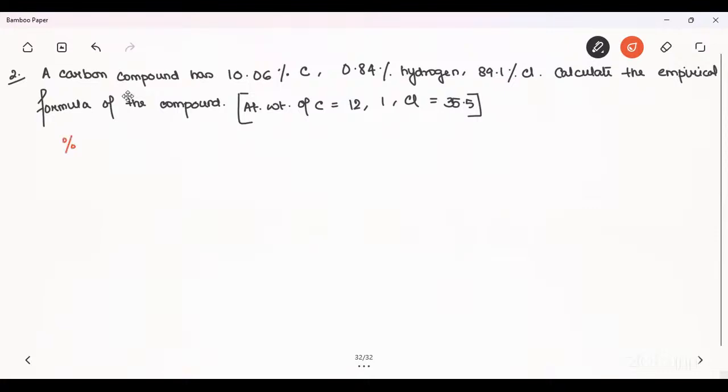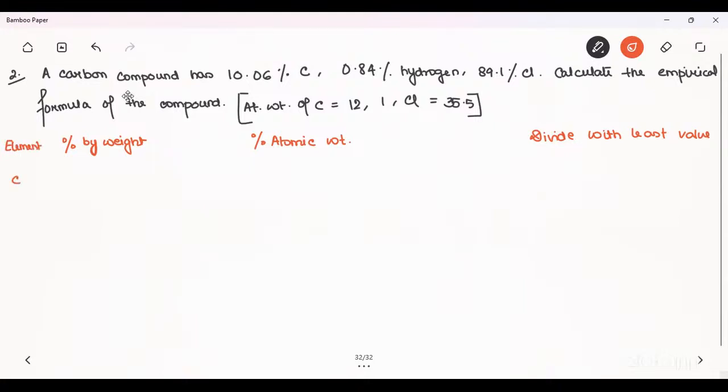Percentage by weight, then percentage divided by atomic weight, then divide with least value. And here is the name of the element.